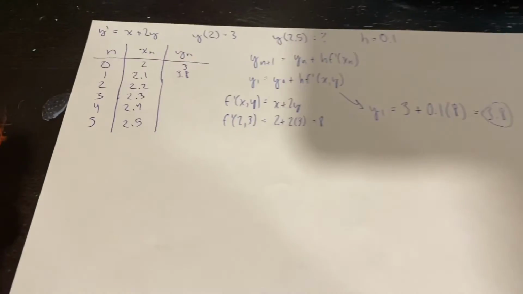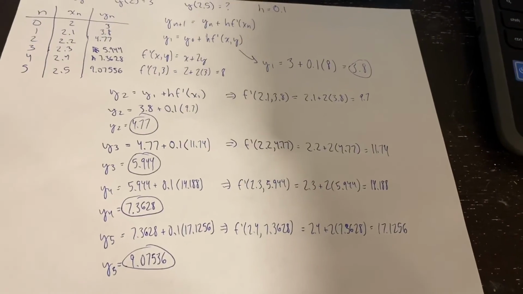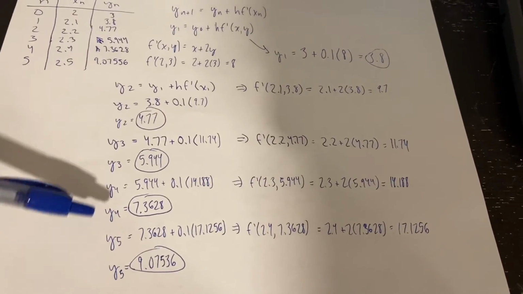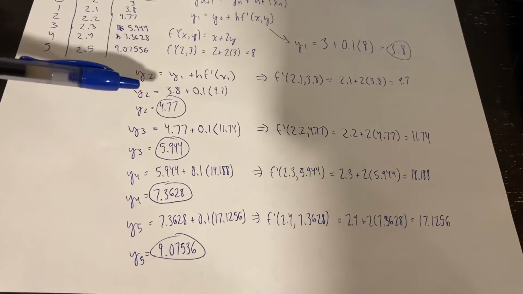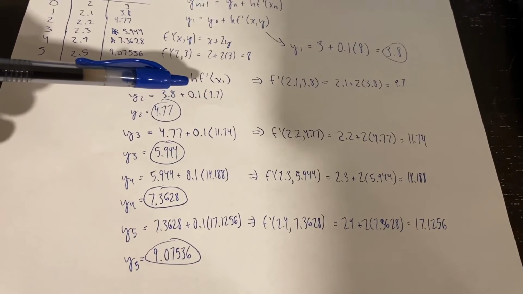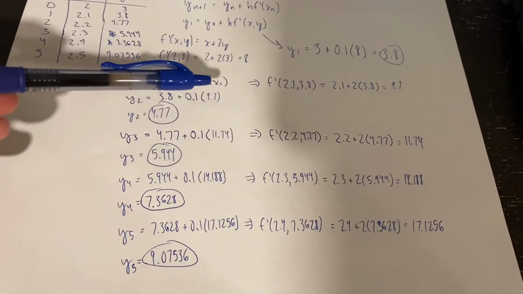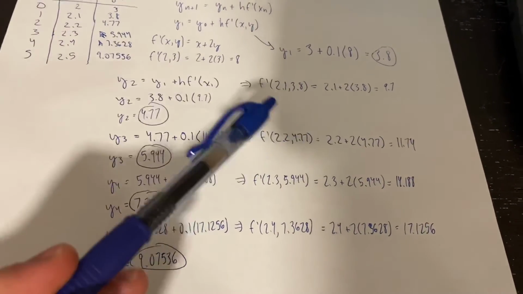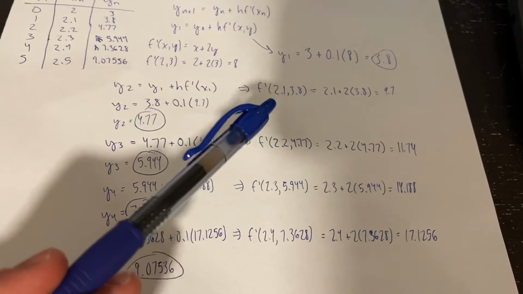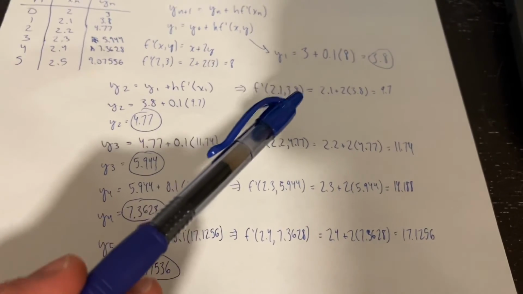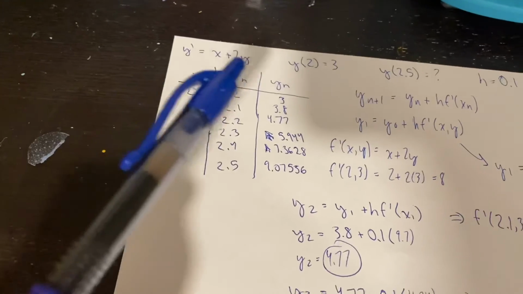Now let's solve for the rest of the problem. Let's use the same method we used to solve for y sub 1 for y sub 2 through 5. So y sub 2 is going to be y sub 1 plus the small step times the derivative of the function at x sub 1. So for the derivative of the function at x sub 1, we have to plug in 2.1 for x and 3.8 for y.